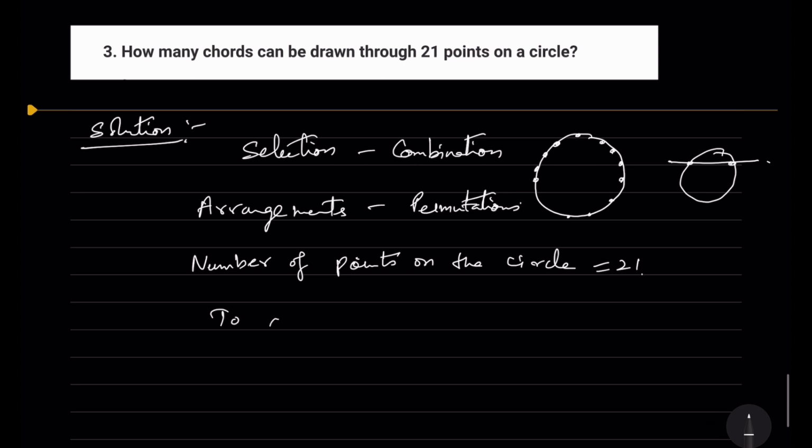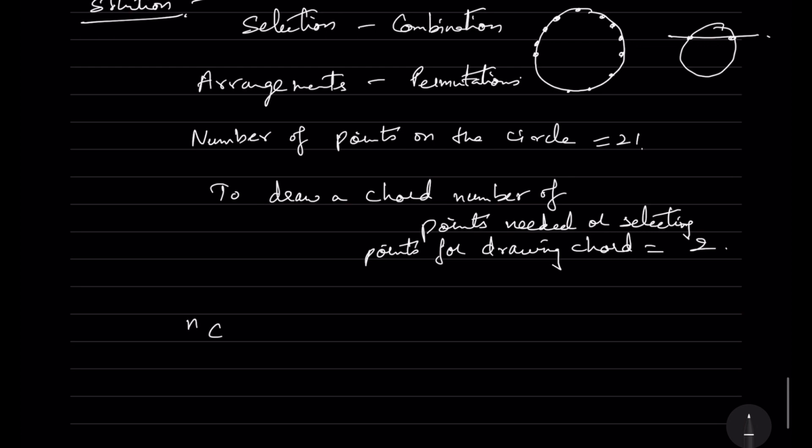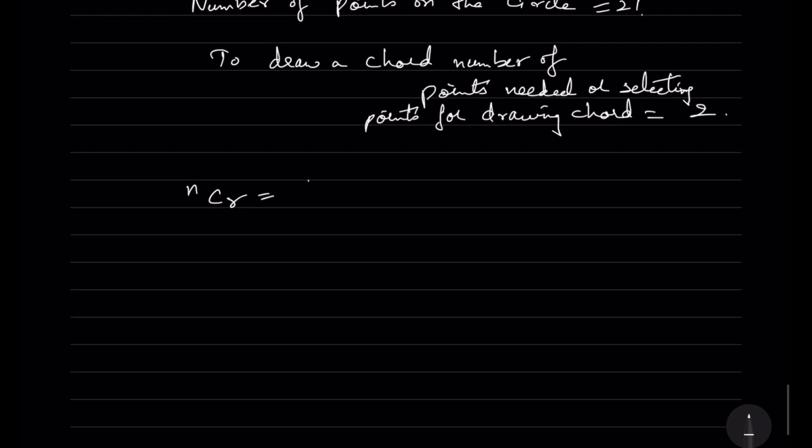And the number of points needed for selecting points for drawing a chord is equal to 2. Okay, so therefore nCr, here we are going to select from 21, we are going to draw a chord by selecting 2 points.